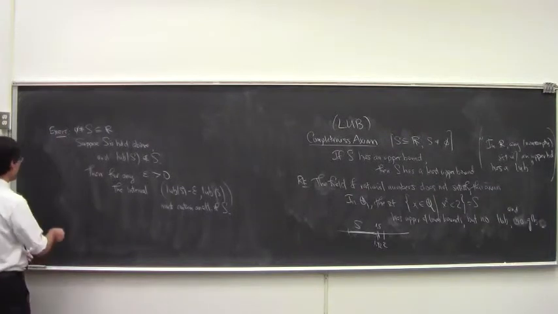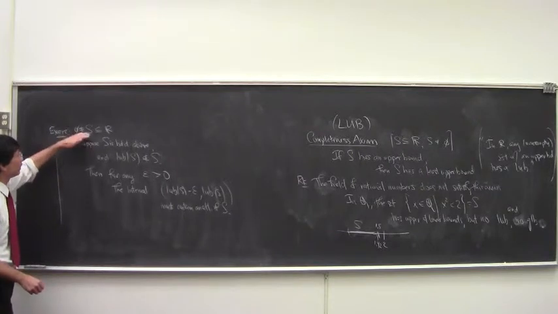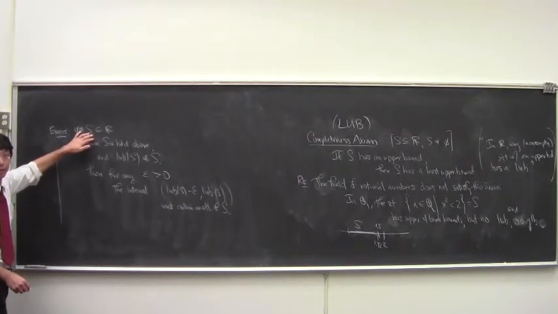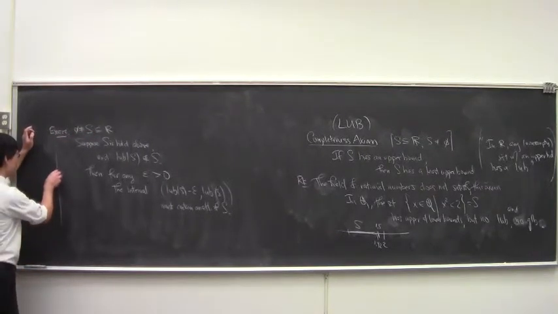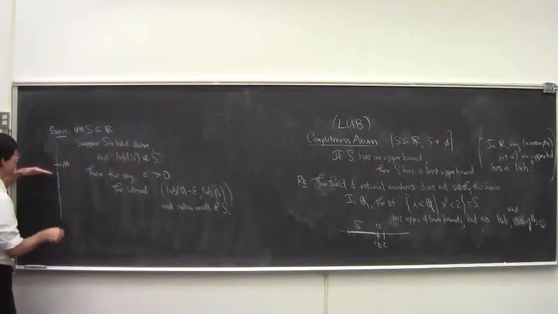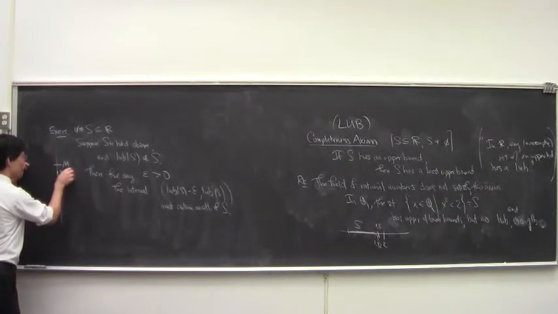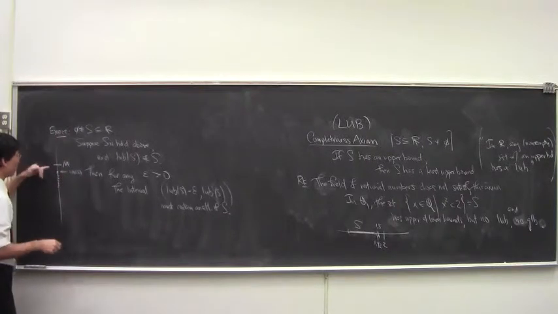Okay, let me just sketch how you might think about this. Okay, so you have some set in R, and it's bounded above. Right? And so we know that there's a least upper bound, so this guy is going to be the least upper bound of S. Okay.